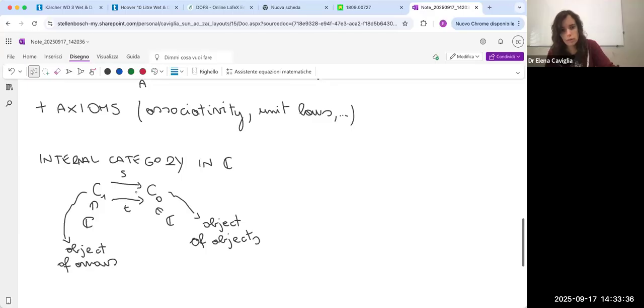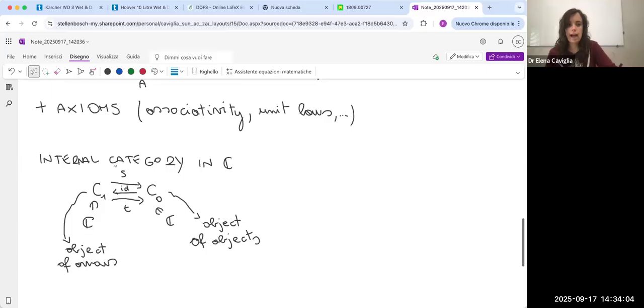And moreover, to have a category, we also need a way to associate to every object the identity arrow on itself. And so we have this arrow from C0 to C1 that is the identity arrow. It selects identities among the arrows in C1. That's the idea.